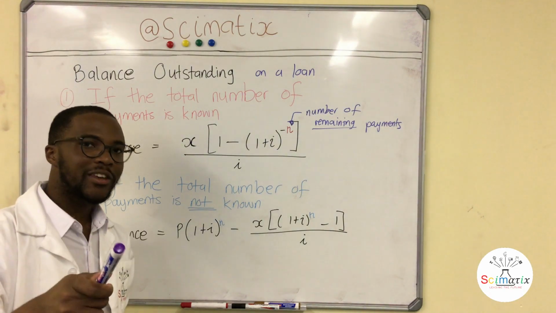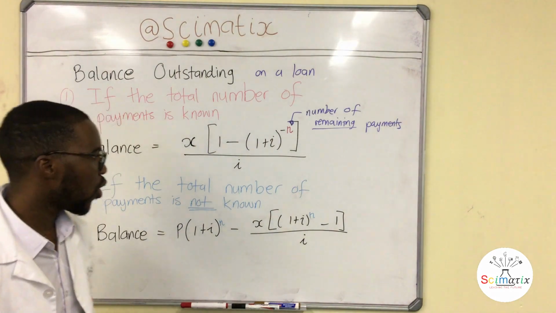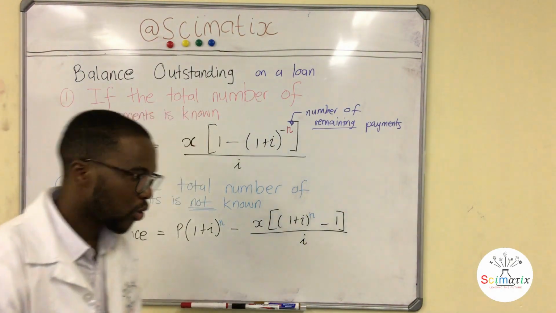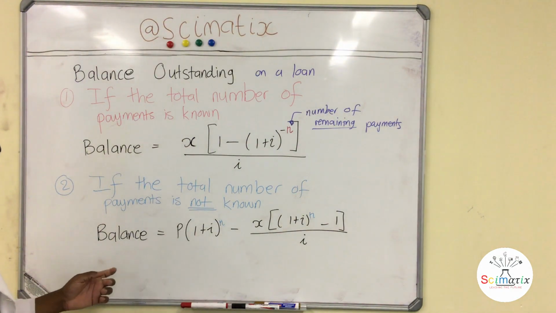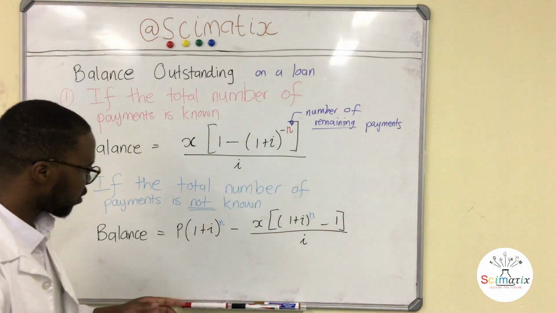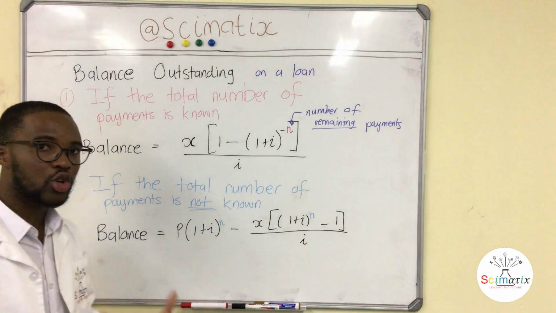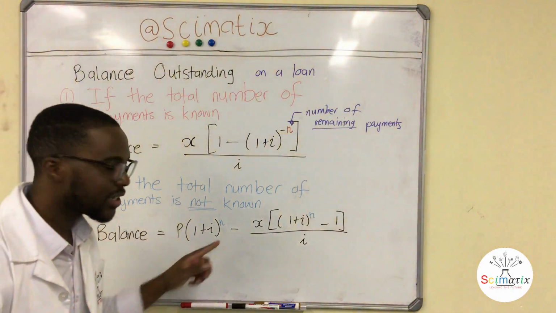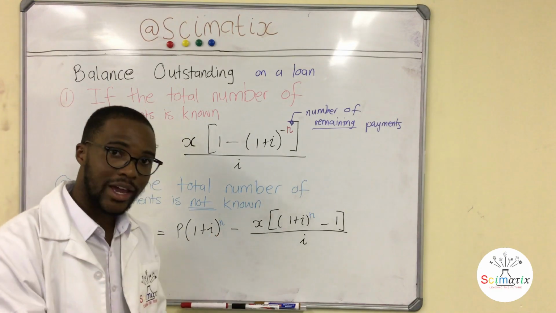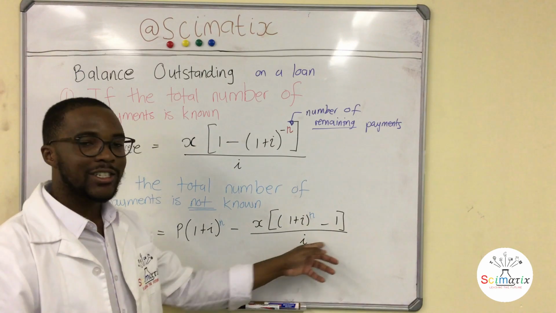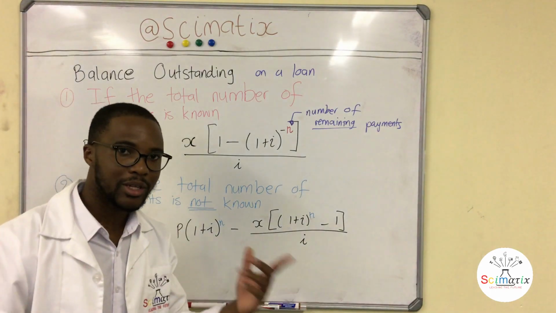So suppose you're not given the total number of payments and all you have is how many payments you've made. What we do is we take the value P, which represents the value of the loan from day zero, from the day that you got the loan, and then you accumulate it up until the time that you are at. And then you subtract the accumulated value of all the payments you've made towards the loan.